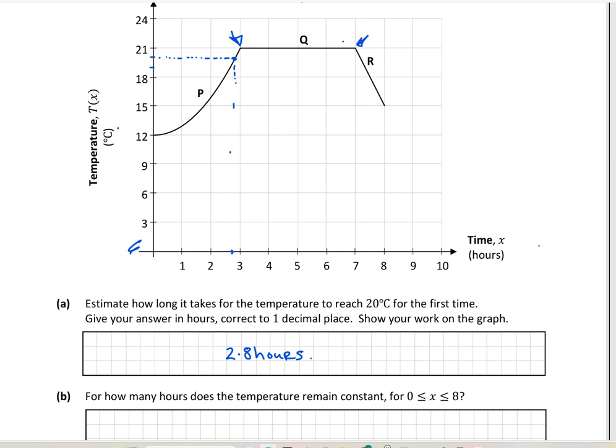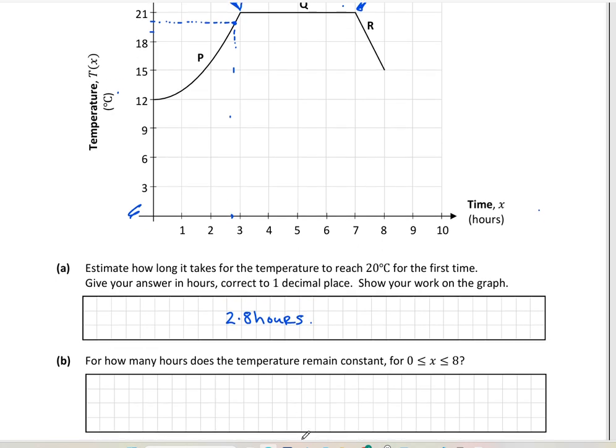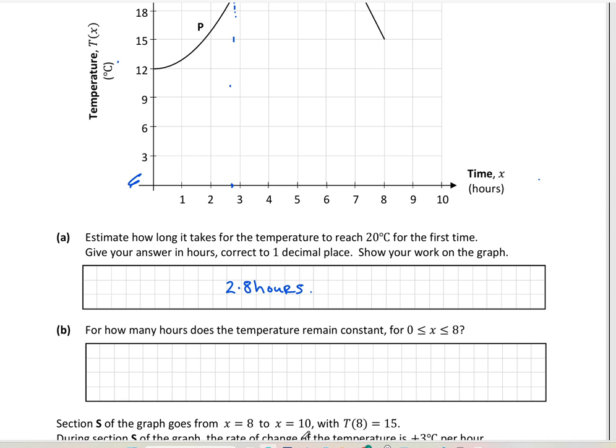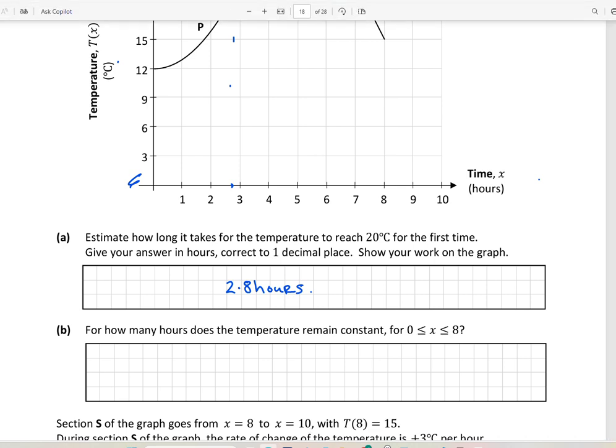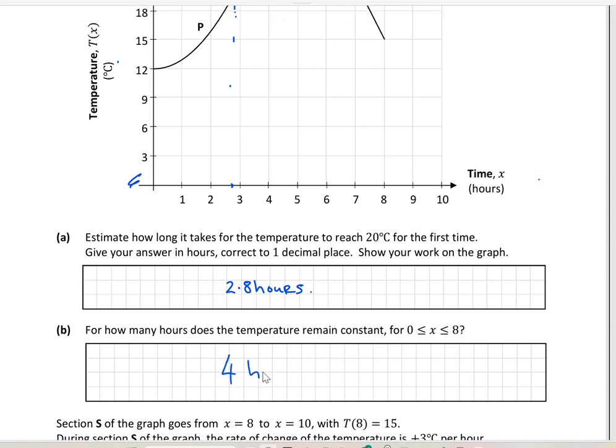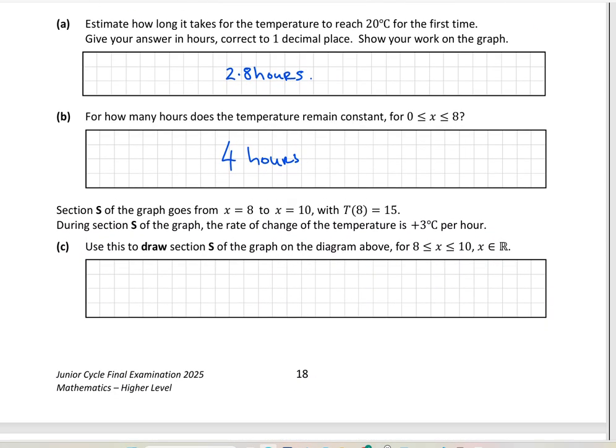That's the answer to that part, just counting how many hours it's in there. So it's between 3 and 7 basically. 8 is too late, it's already going down. So it's 1, 2, 3, 4 hours. All right, so we can put that in there: 4 hours. And we'll go on to the next part.